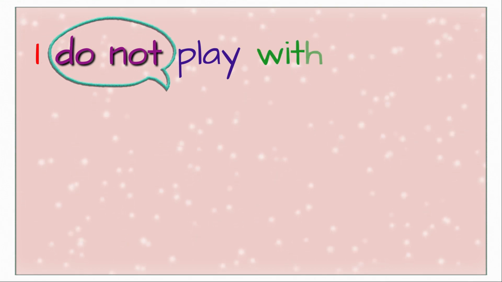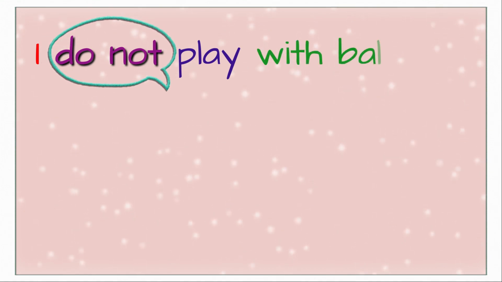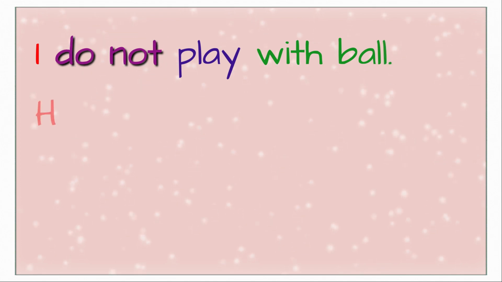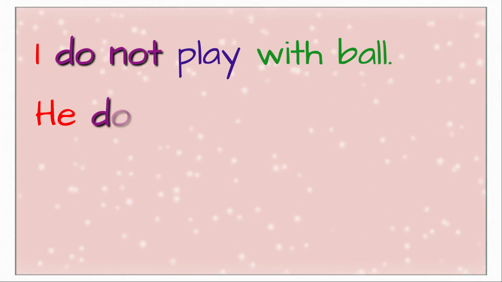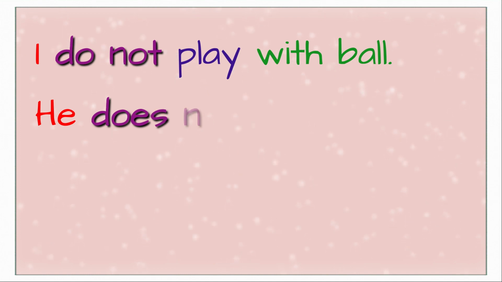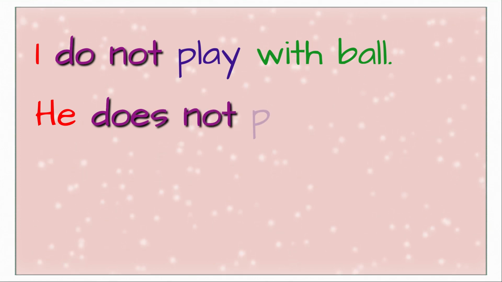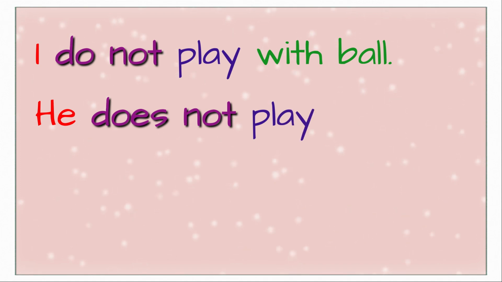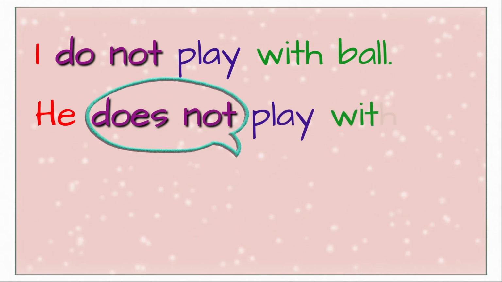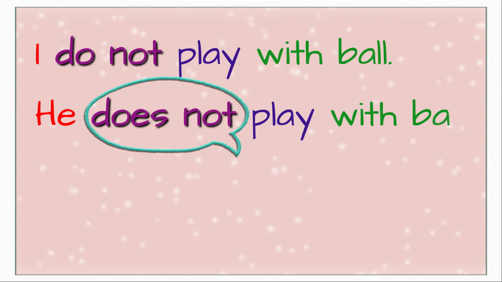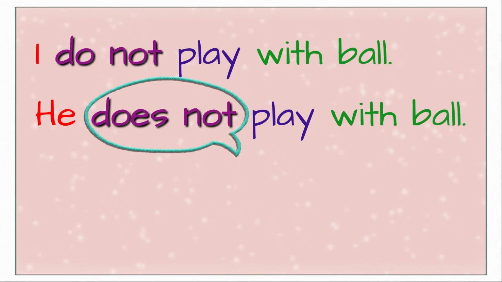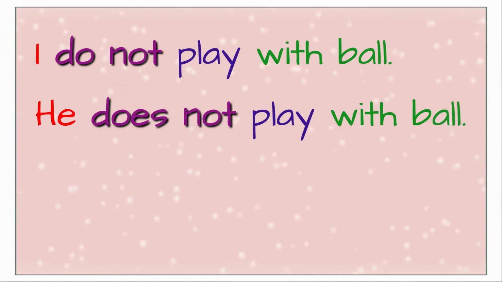For example, I do not play with ball. Here subject is I, so we have used do not. Next one, he does not play with ball. Subject is he, so we have used does not. So do or does will change as per the subject.